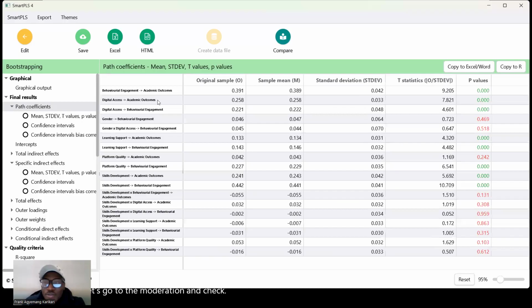Good. So now the path coefficient gives us the direct relationship. Although we are moderating gender, the software automatically also determines the direct effect of gender and behavioral engagement. But what we are interested in is actually the moderation role.